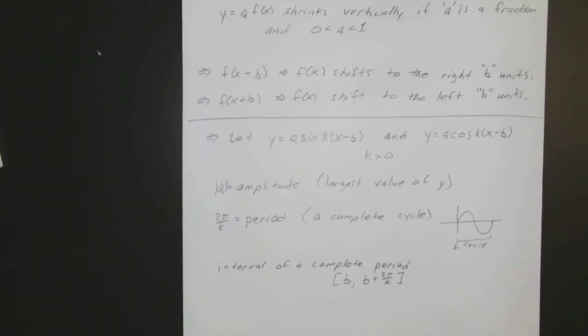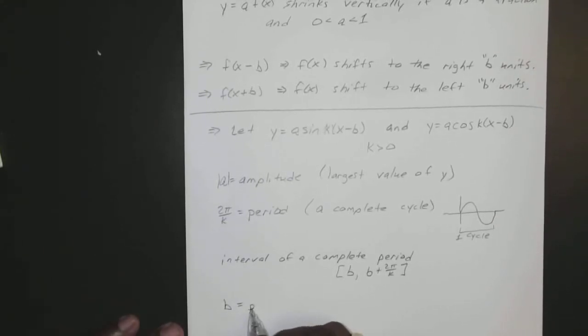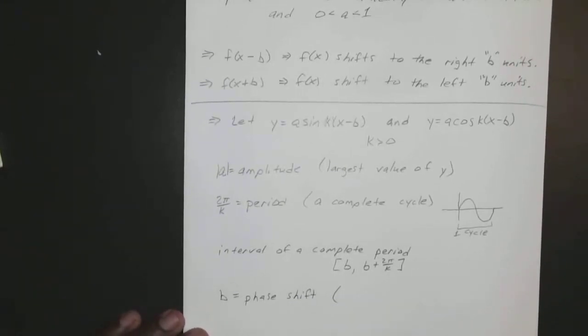That means if we shifted this to the right or to the left b number of spaces, then the entire period would still be the same thing, but it would just measure how long the period is. But it's just shifted either to the left or to the right. Where b is actually just where it shifts. So they actually call that the phase shift, which is how many units left or right it shifts.